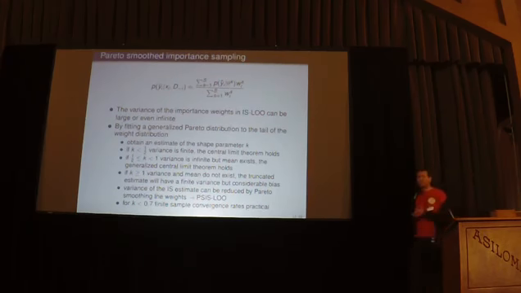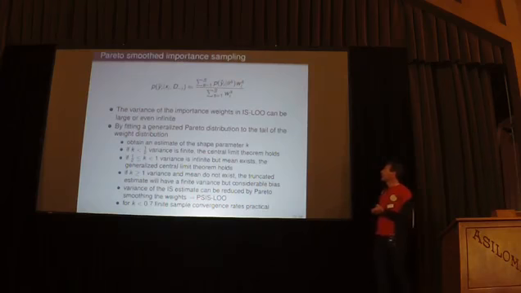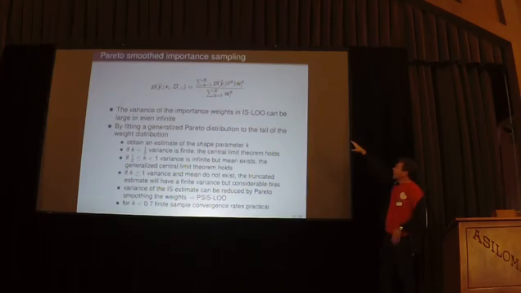An additional thing in the loo package is using the Pareto smoothing and the Pareto diagnostics. So we have the importance weighted expectations there, but it's possible that these importance weights have really high variation.